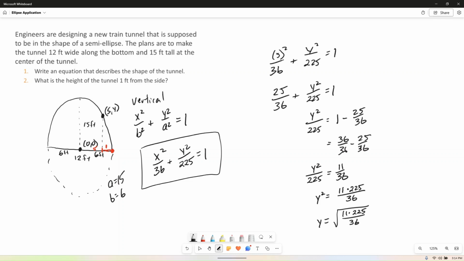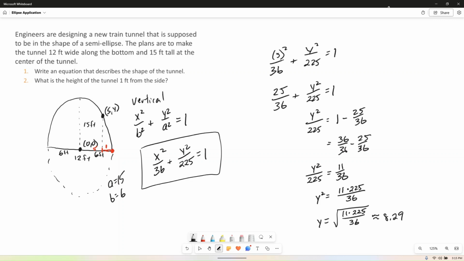And again, we could try and simplify that, but let's just go straight to technology here. If we compute that with our calculator, the square root of 11 times 225 divided by 36, we will end up getting a value of approximately 8.29.